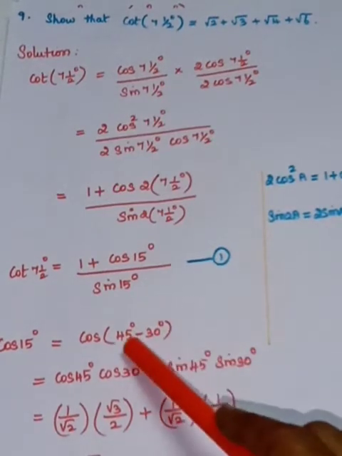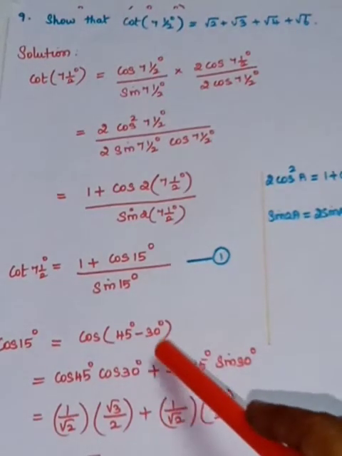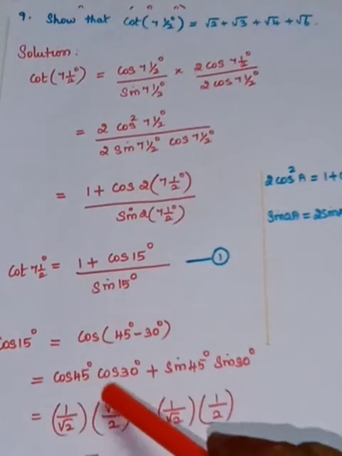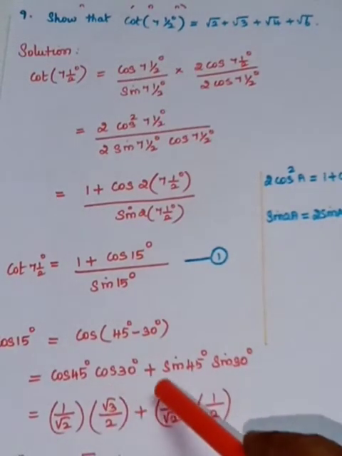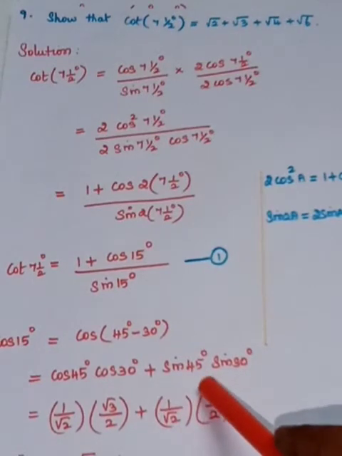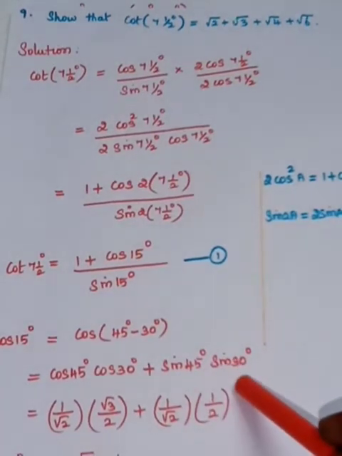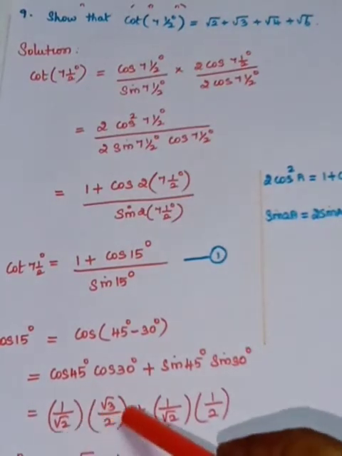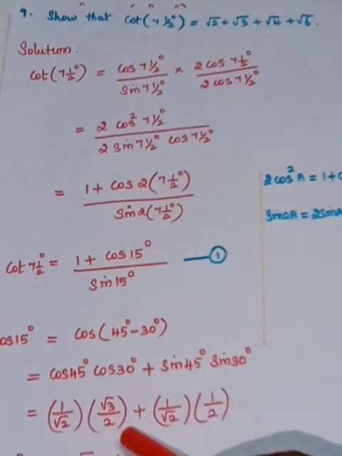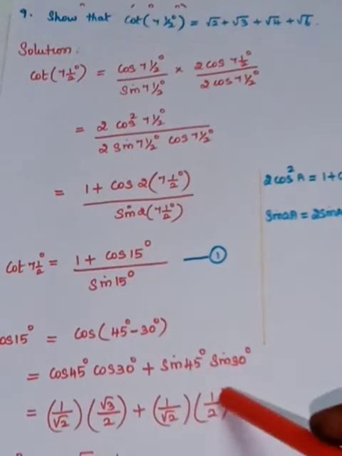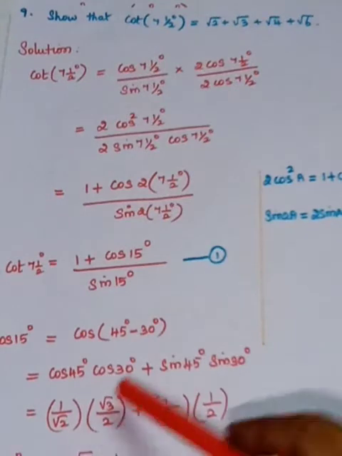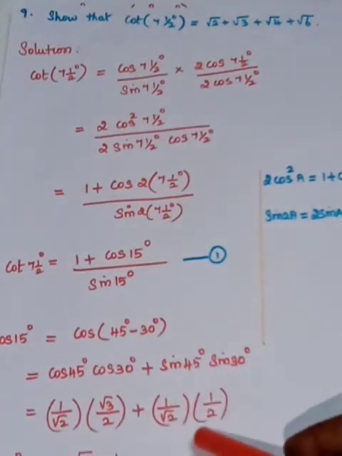In the place of alpha you are having 45 degree, and in the place of beta 30 degree. So it is cos 45 degree cos 30 degree plus sin 45 degree sin 30 degree. Substituting the values, it is 1 by root 2 into root 3 by 2 plus 1 by root 2 into 1 by 2. When you multiply, it is root 3 divided by 2 root 2 plus 1 by 2 root 2.